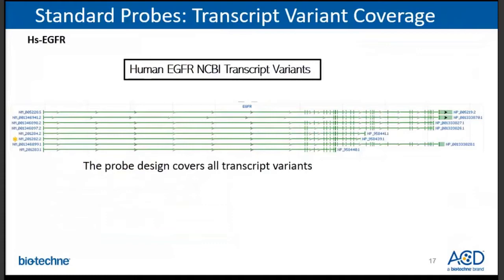So even though all transcript variants are not appearing on the probe design page, for standard RNAscope probes, all transcript variants are covered based on NCBI transcript variant details. This probe will cover all of the transcript variants seen here.